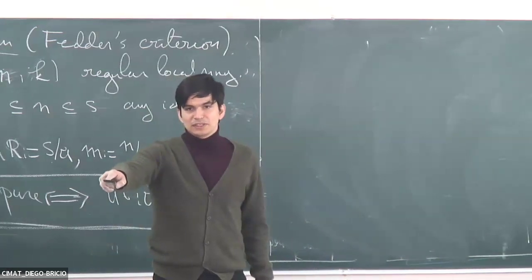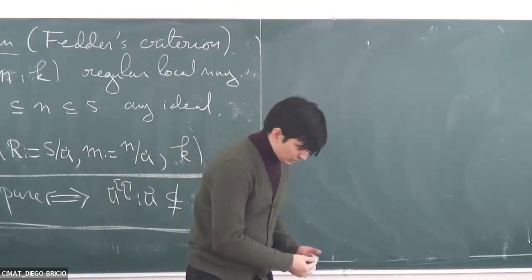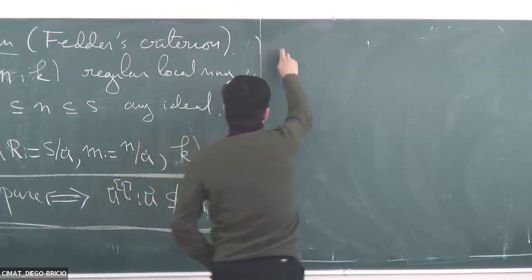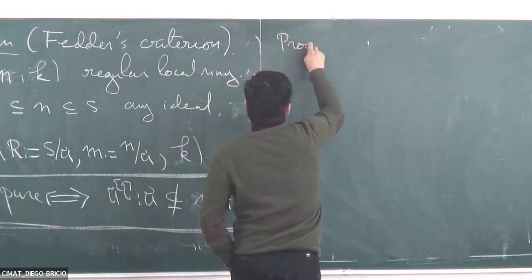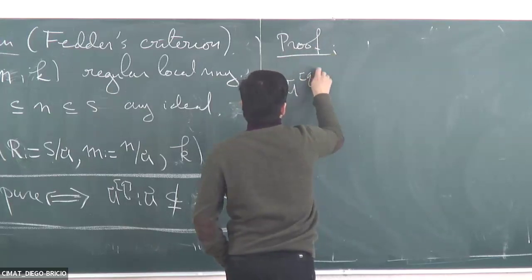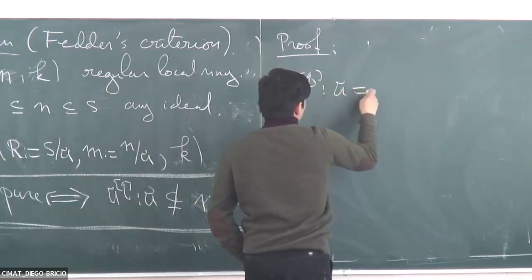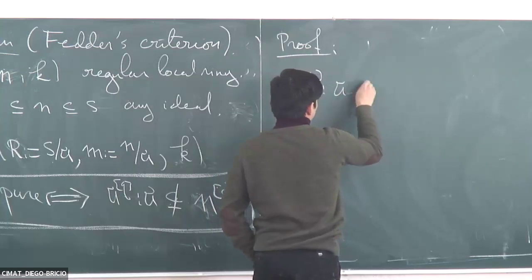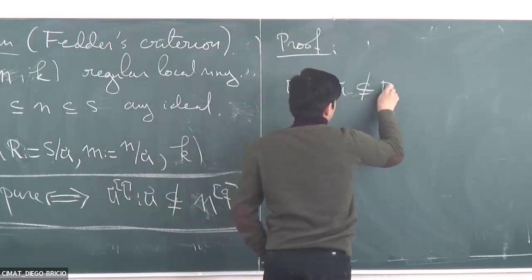So that's why I spent a lot of time on that. So how do you prove this? Well, let's write down what we have to prove. On one hand, we have to verify whether or not this is in here.